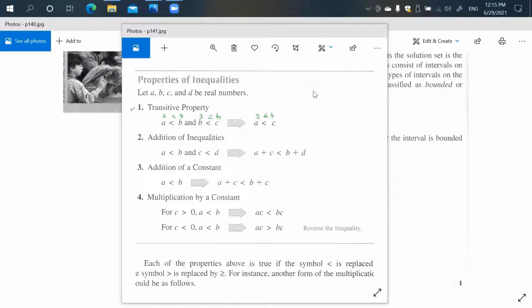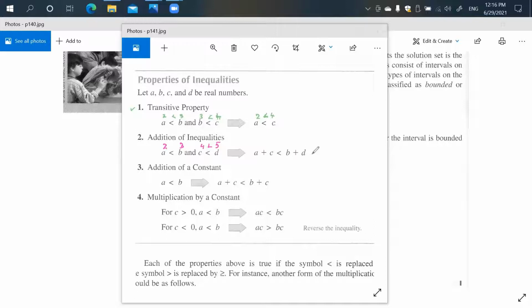Now, the second condition is the addition of inequality, the addition, a plus or sum, correct? If A is less than B and C is less than D, then we can imply that A plus C is less than B plus D. For example, I use the same numbers: A is 2, B is 3, and A less than B. And then C can be any number, like 4 less than 5, so D is 5.